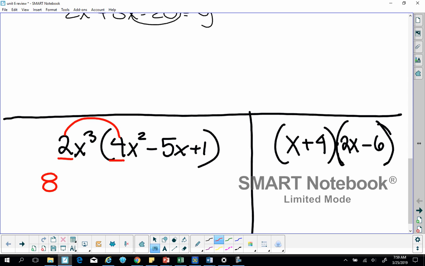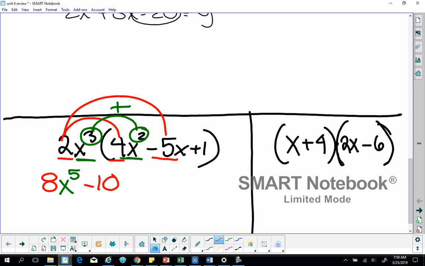Then if there's variables with the same exponents, what do I do with the exponents? Add them. So what is 3 plus 2? 5, right? So it would be x to the 5th. Then I just do the same thing again. So what's 2 times negative 5? Negative 10. And then what's this invisible exponent right there? 1, right?